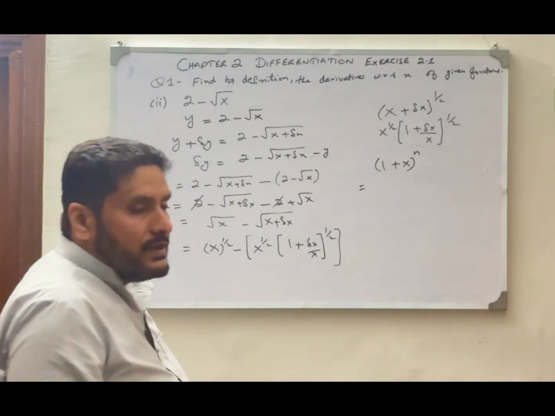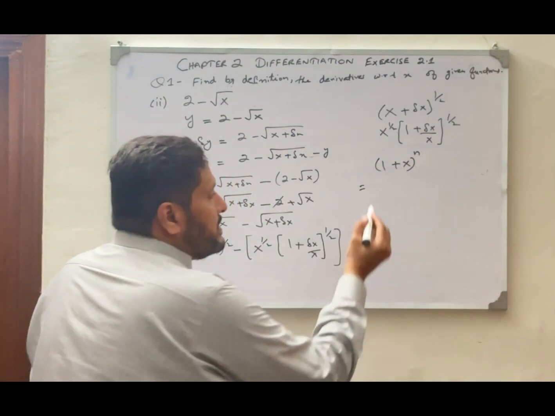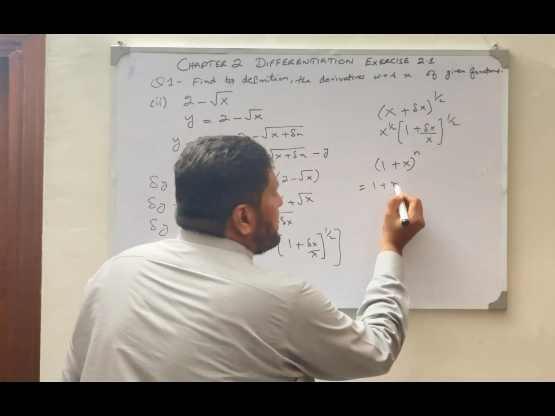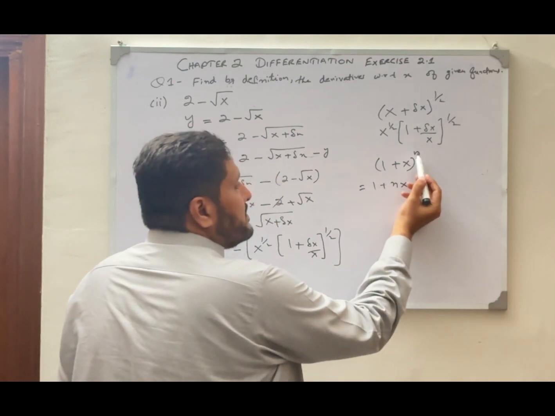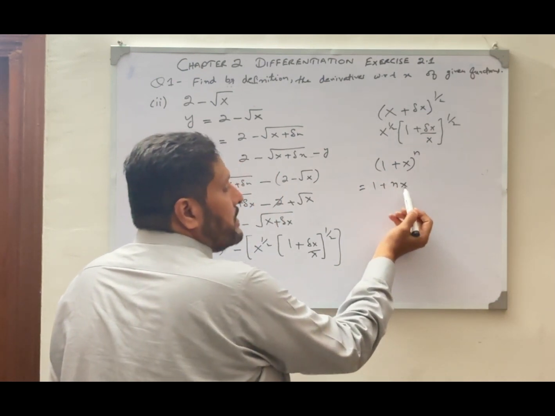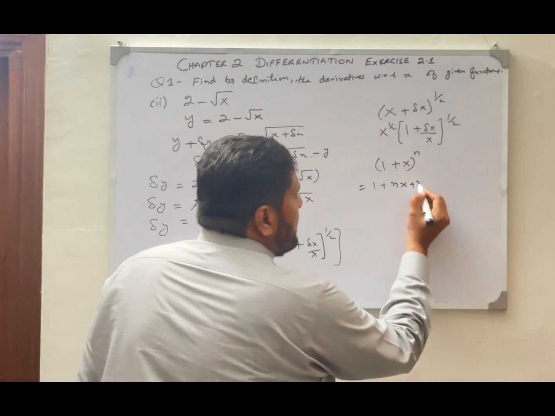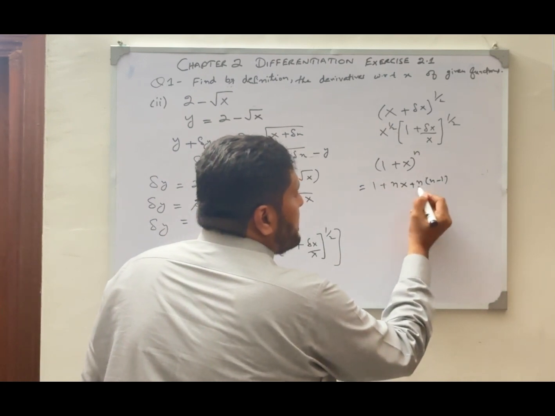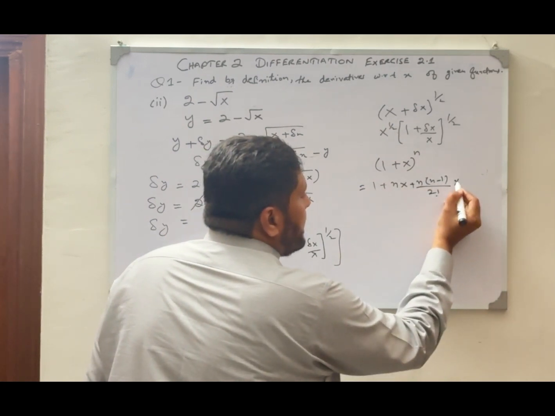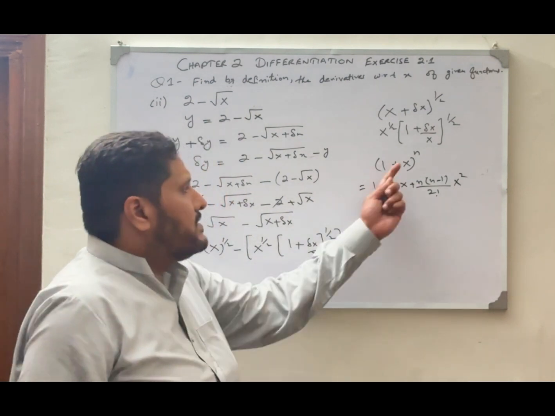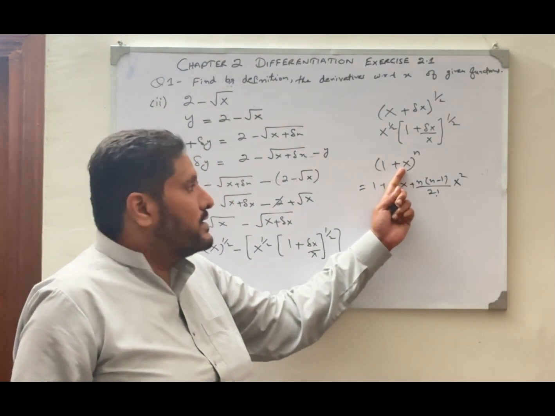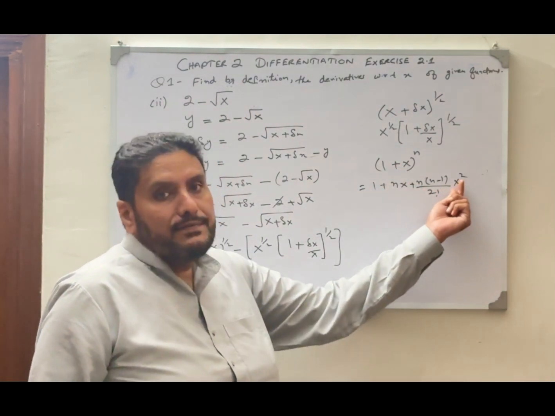according to the binomial theorem, 1 plus nx. In the first term, this n will be multiplied by this value x, plus n into n minus 1 over 2 factorial into x square. So in place of this x, if there is some other function, we'll take the square of that function as well.